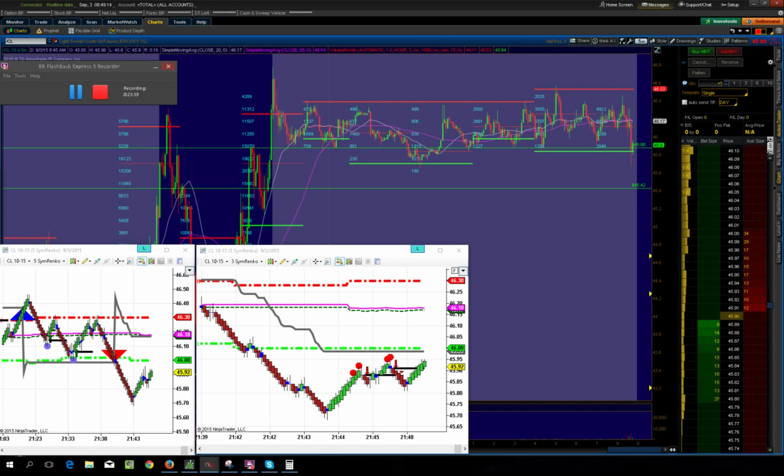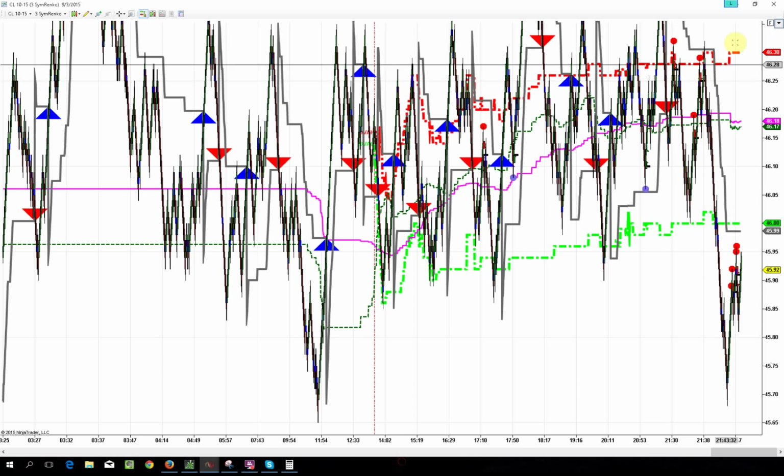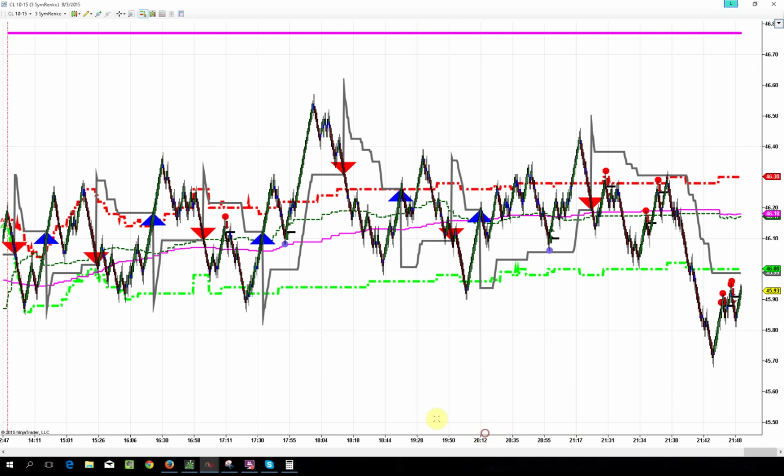I'll show you real quickly. Blow this up where it broke out of it, came back right through it, broke out of it, came through it, again and again. So you really need this thing to hold, and it's kind of holding right now.